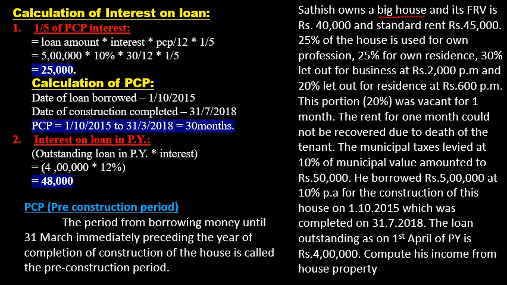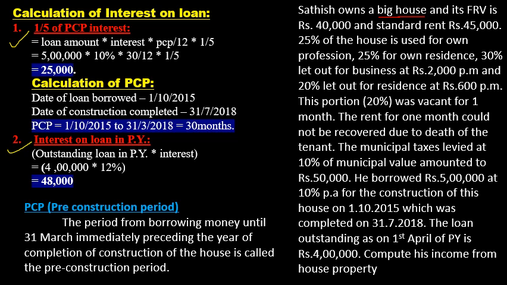So first I will calculate interest on loan, and later I will calculate the incomes of each property. We will start with the provisions of interest on loan: first, 1/5 of pre-construction period interest, and another is the interest on loan in the previous year, which come under deduction under section 24. So the first part is 1/5 of PCP interest.